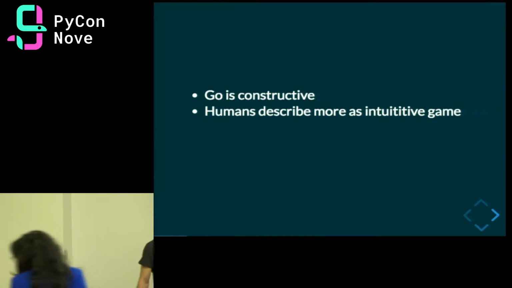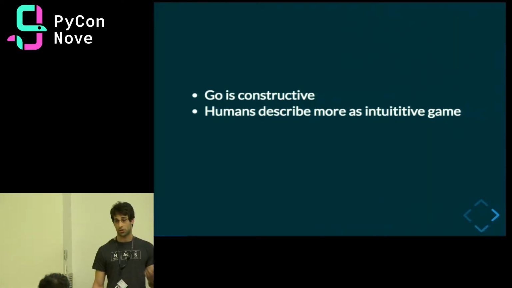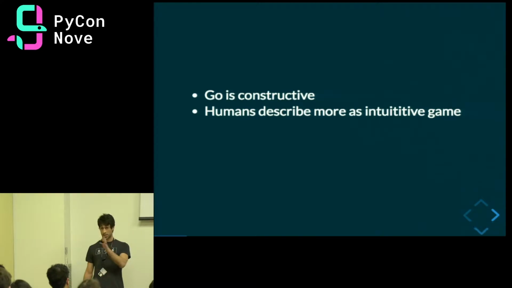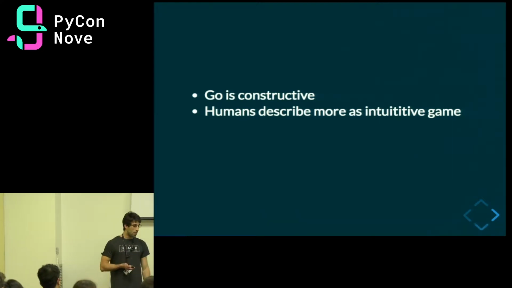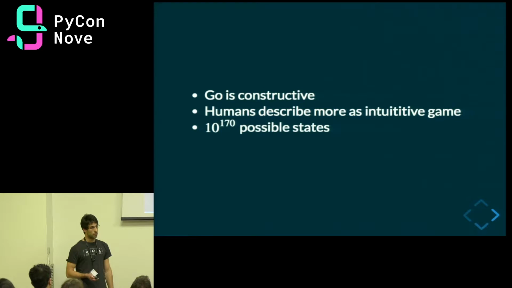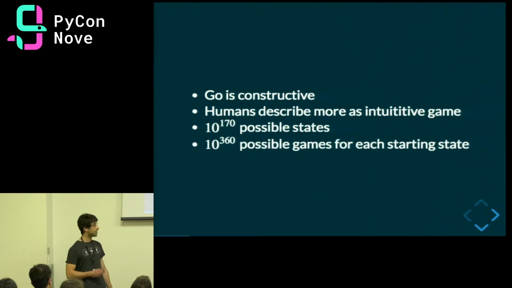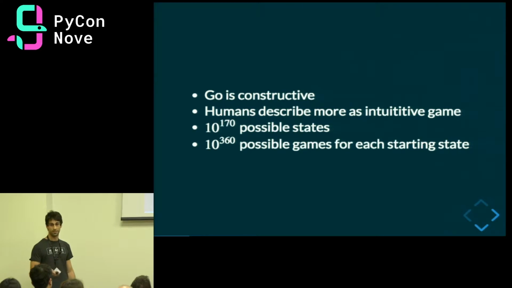It's much more intuitive than chess, because in chess, if you talk to a player, they will tell you, I have this idea as my next move. Then there are 10 to the 170 possible states that you can cover, and there are 10 to the 360 possible games. So the tree that you can build on this game is fairly large.